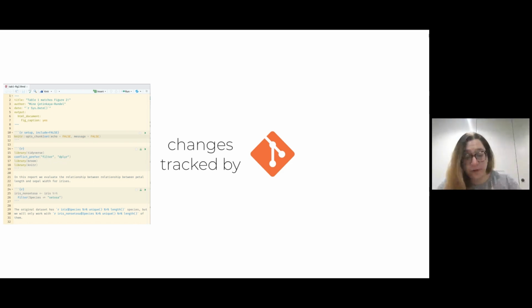There are other version control systems, but the reason why I'm highlighting Git is its facility for using it with RStudio, using the RStudio IDE. So if you are already coding in R, this is probably a good way to go. And then you can host this stuff on GitHub as well.